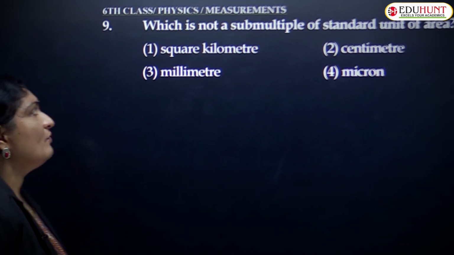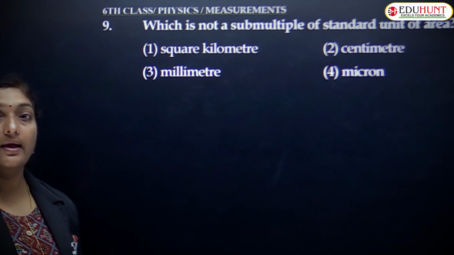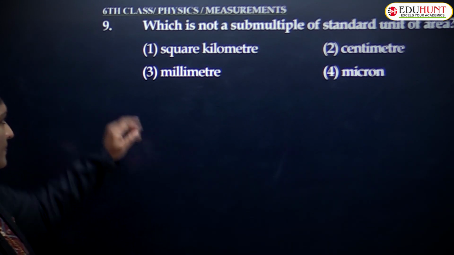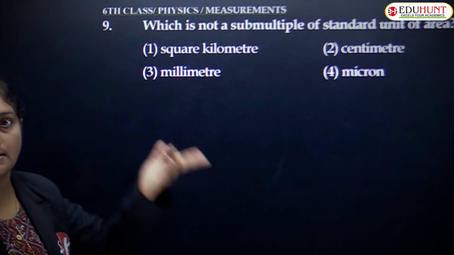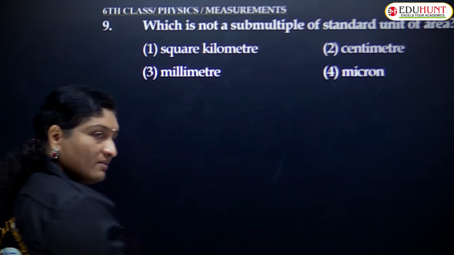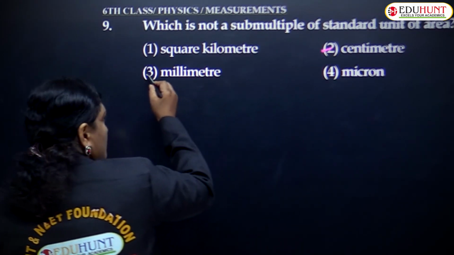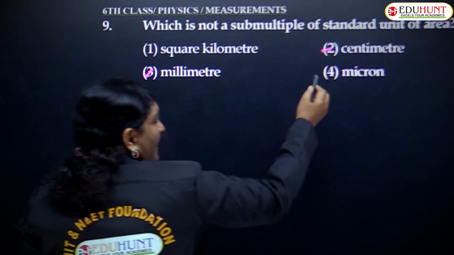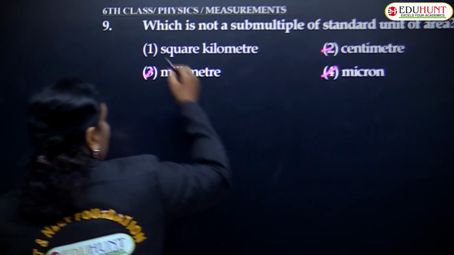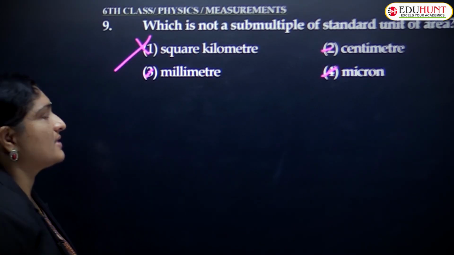Moving ahead, which is not a sub-multiple of the standard unit of area? Sub-multiple means lower values. Square kilometer is a larger value. Centimeter is a lower value, a sub-multiple. Millimeter is also a smaller value, a sub-multiple. Micron, very, very small values, so this is also a sub-multiple. But square kilometer is not a sub-multiple of standard units.